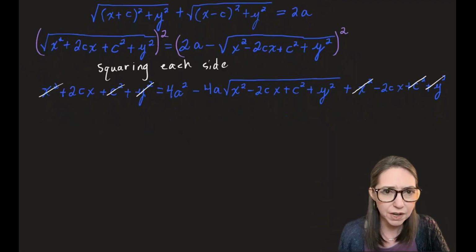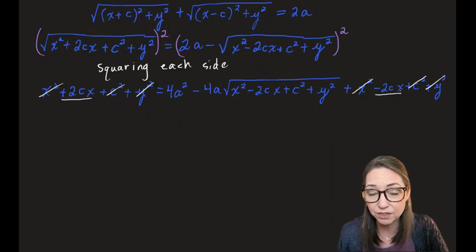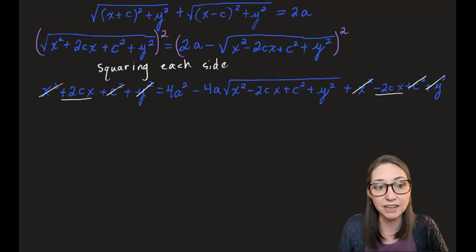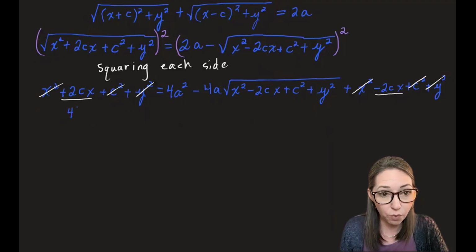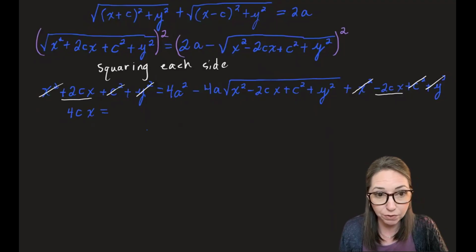I've got a 2cx on the left and a negative 2cx on the right, so I'm going to add 2cx to both sides to get 4cx is equal to 4a squared minus 4a times the radical. It will continue to simplify down quite a bit.